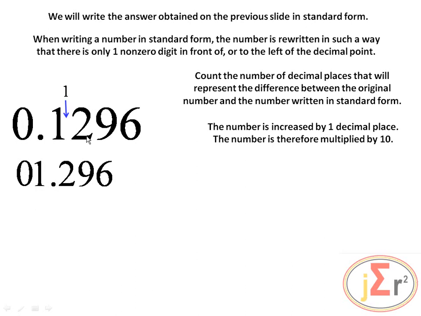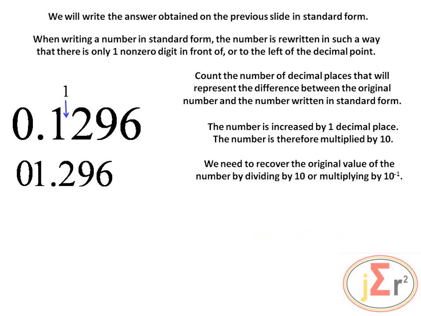Therefore, in order to get from here to here, we would have increased by 1 place of decimal, which is the same as multiplied by 10. We need to recover the original value of the number by dividing by 10 or multiplying by 10 to the negative 1. So this is an increase.